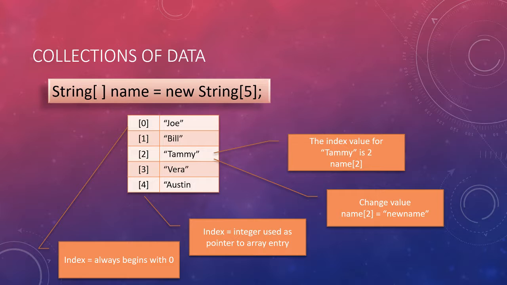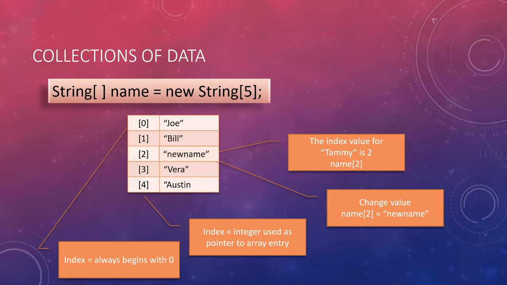If we want to update a given entry in an array, we would specify the array name with the index location. For example, name index location 2, and then the equal sign to assign a new value, followed by the new value. So this line of code would update the value in position 2 of our array to new name, so we can see how that works.